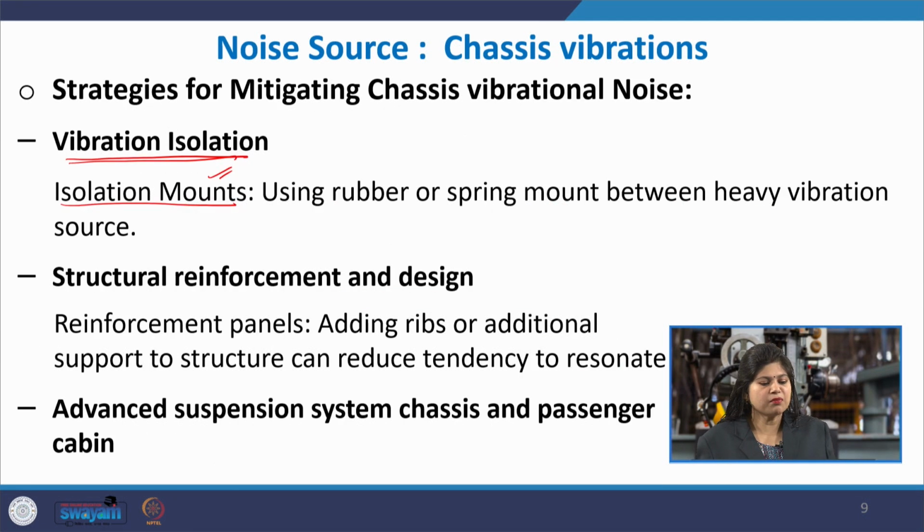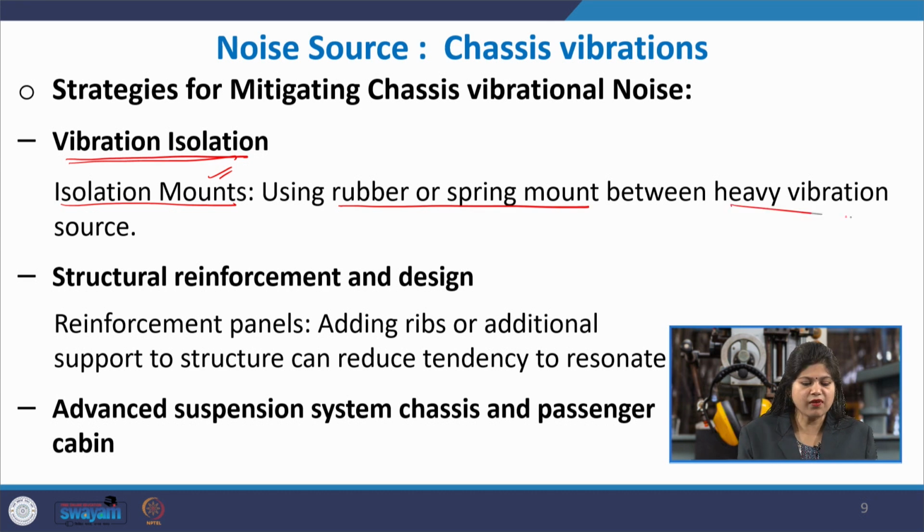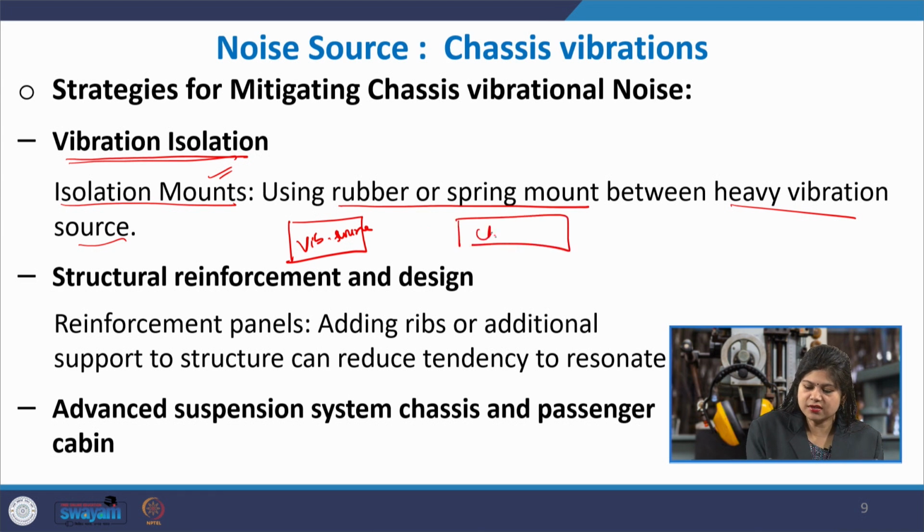So, isolation mounts such as rubber or spring mounts between the heavy vibration source, be it the engine, the rolling stock, etc., and the chassis system.